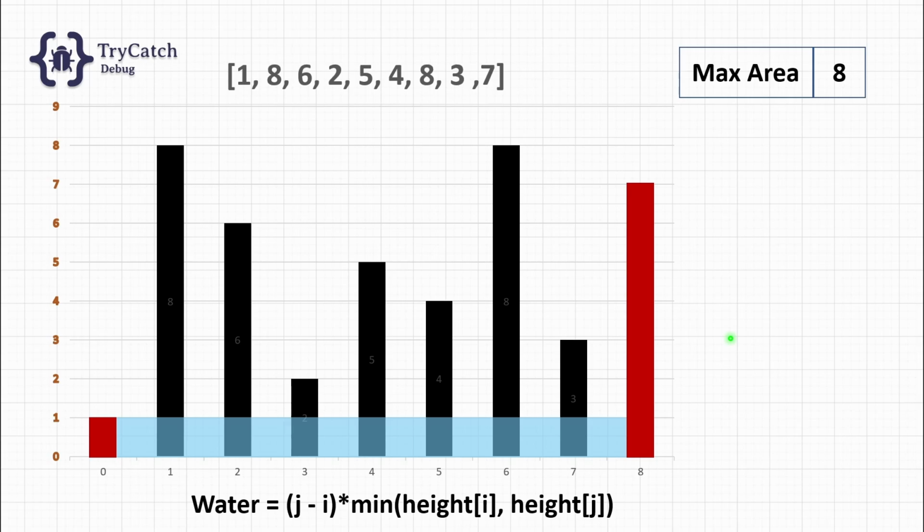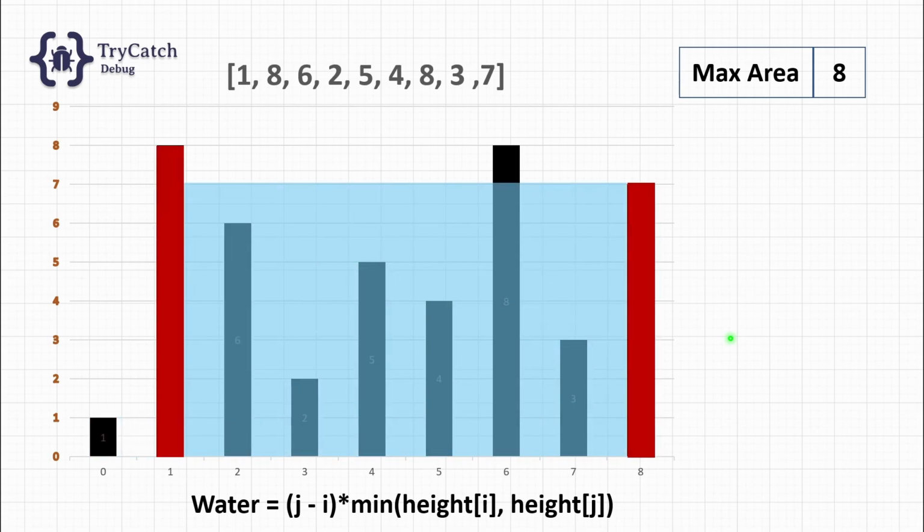So you have to move index 0 to the next index, that is 1. Right now index 1 has more height than index 8, but if the height of index 1 is less than index 0, then there is a chance that the next index 2 might have greater height than index 8. So we'll move index 0 to the next index, index 1.